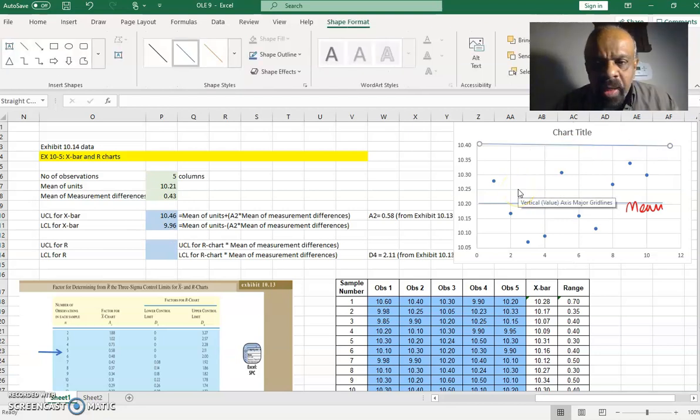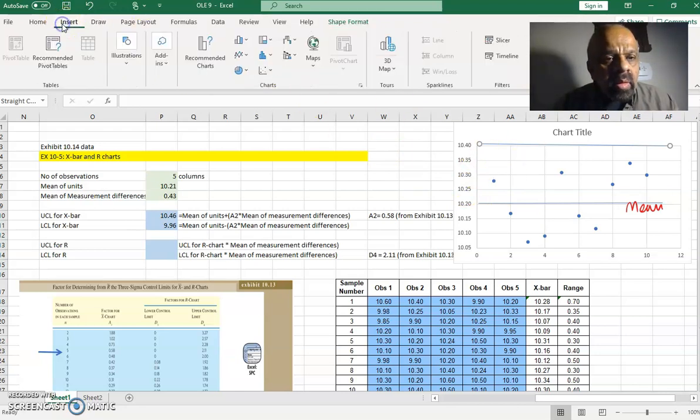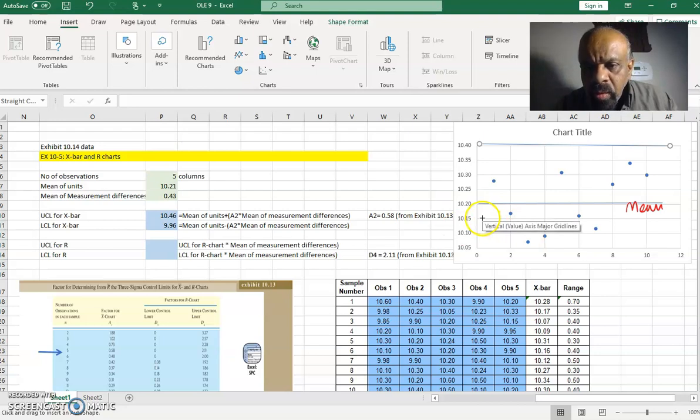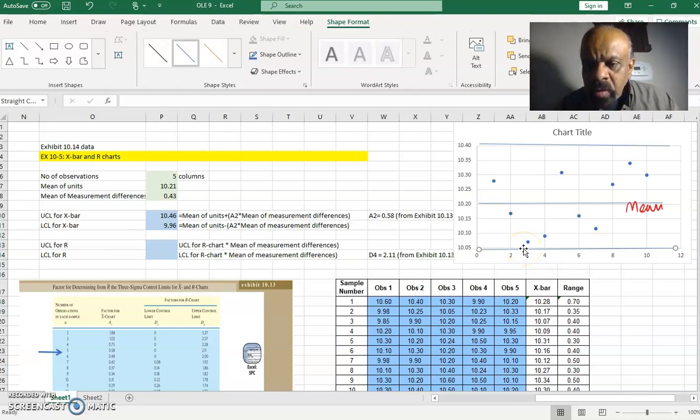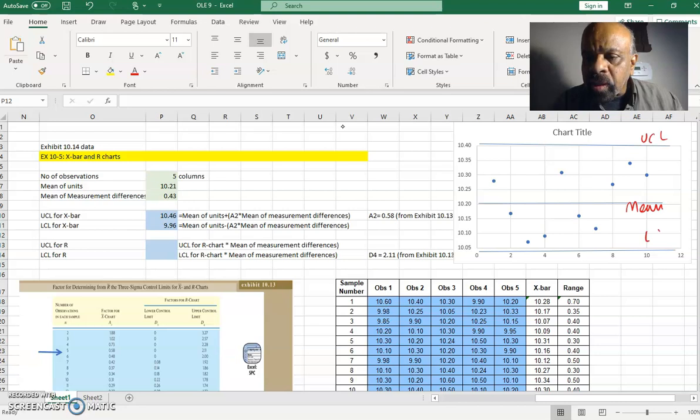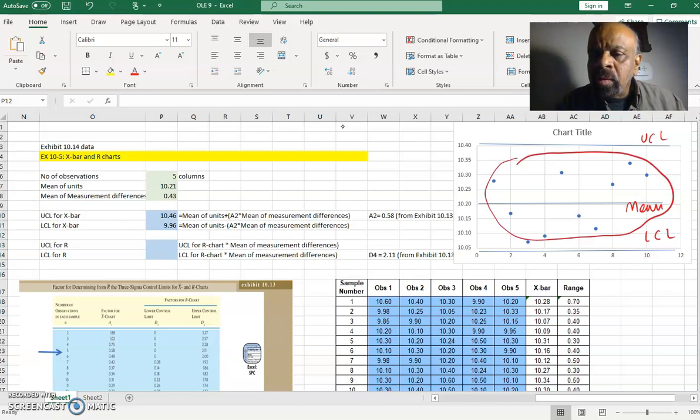And the other one is 9.96, which is somewhere below that. So now this is my UCL and this is my LCL. All my data is within this UCL and LCL, so my process is good.